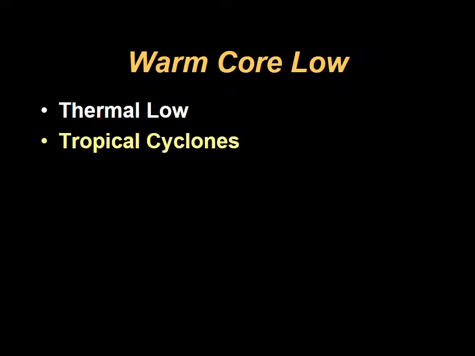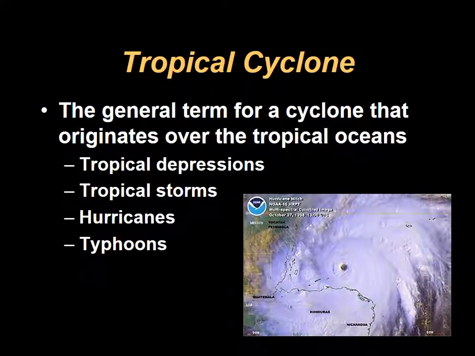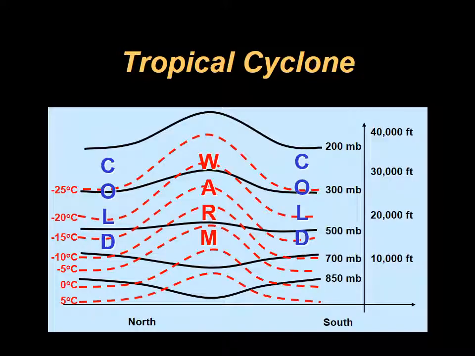Another type of warm core low is a tropical cyclone. Tropical cyclone is the general term used for low pressure systems or cyclones that develop over tropical oceans. These are given many different names: tropical depressions, tropical storms, hurricanes, typhoons, and cyclones.